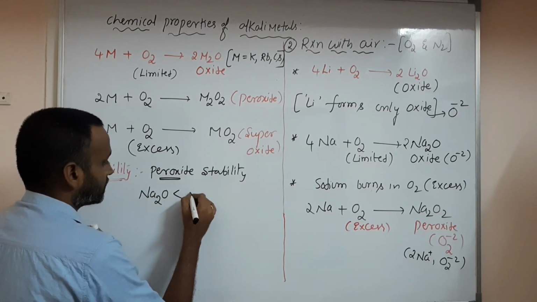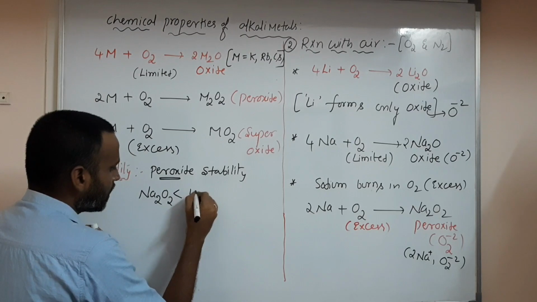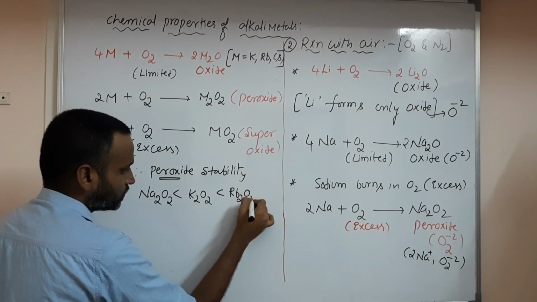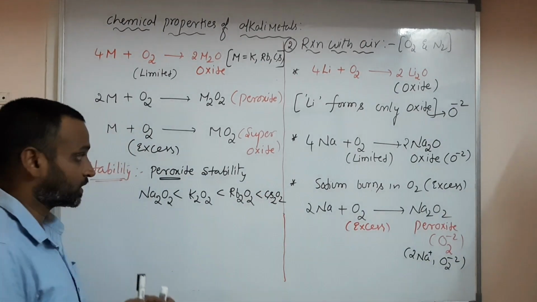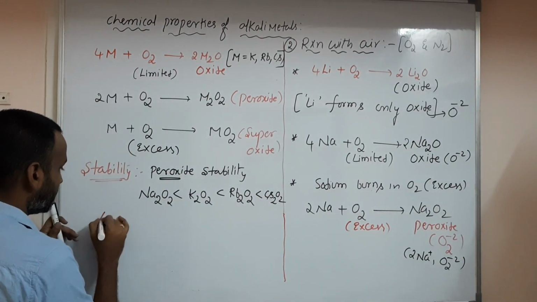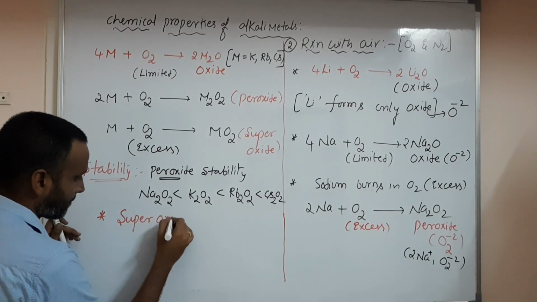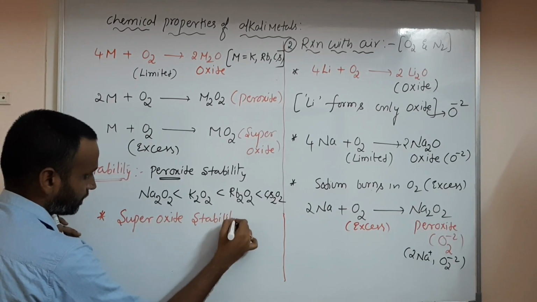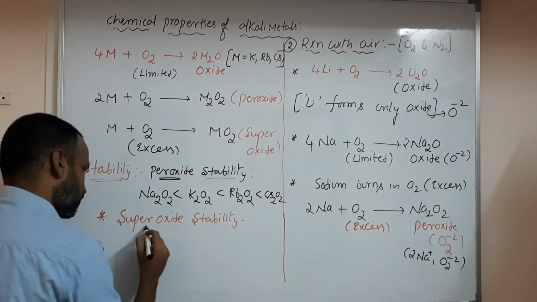Na2O2, K2O2, Rb2O2, Cs2O2, like this. This is peroxide stability. Let's see superoxide stability. As going down, what happens? Same story.